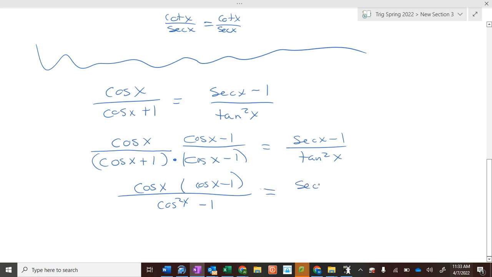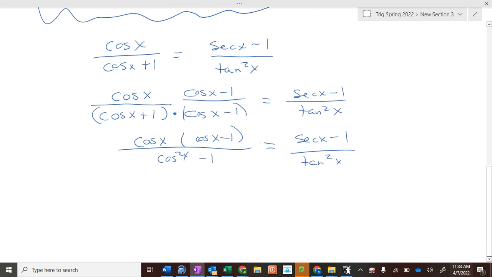Equals secant of x minus 1 over tangent squared. Okay, I got cosine squared minus 1. What does cosine squared minus 1 equal to? Sine squared, right? So I got cosine of x times cosine of x minus 1 over sine squared of x equals secant of x minus 1 over tangent squared of x.